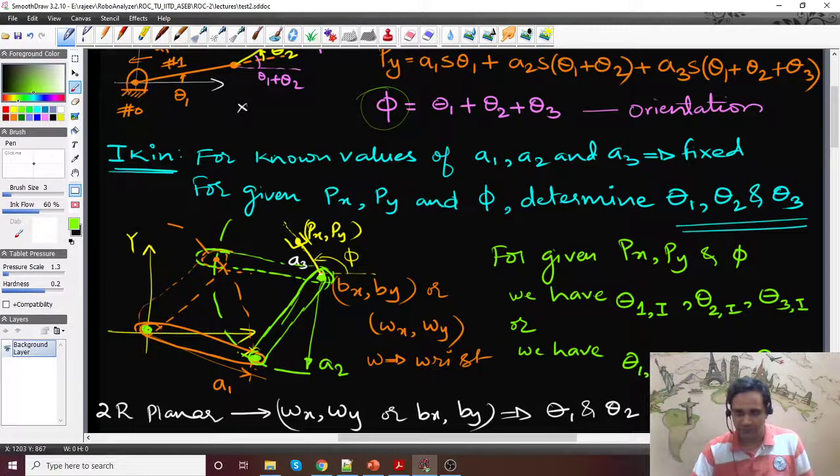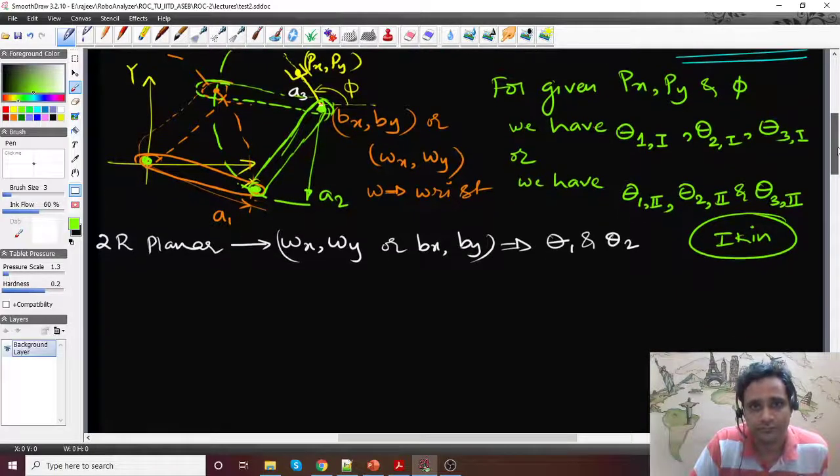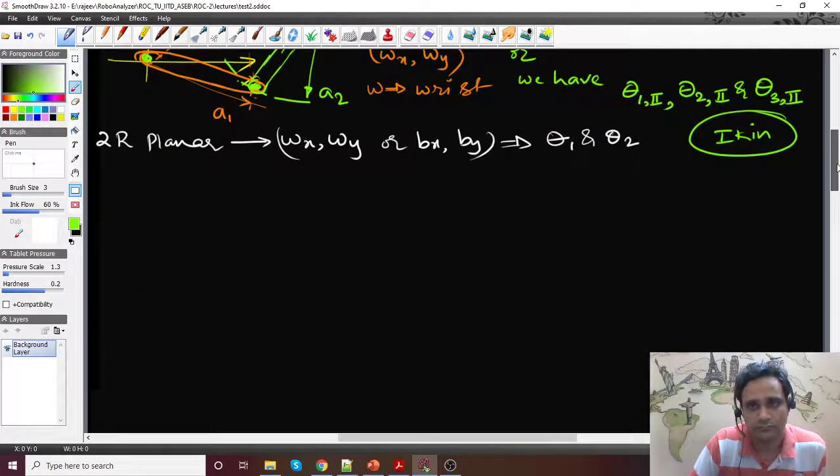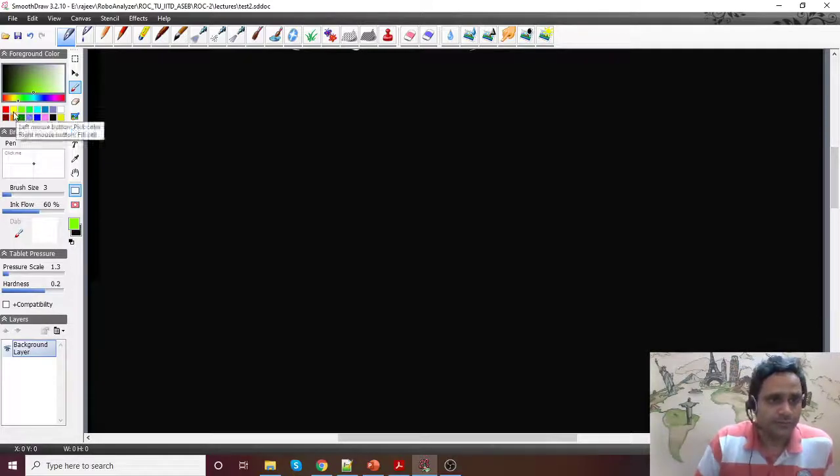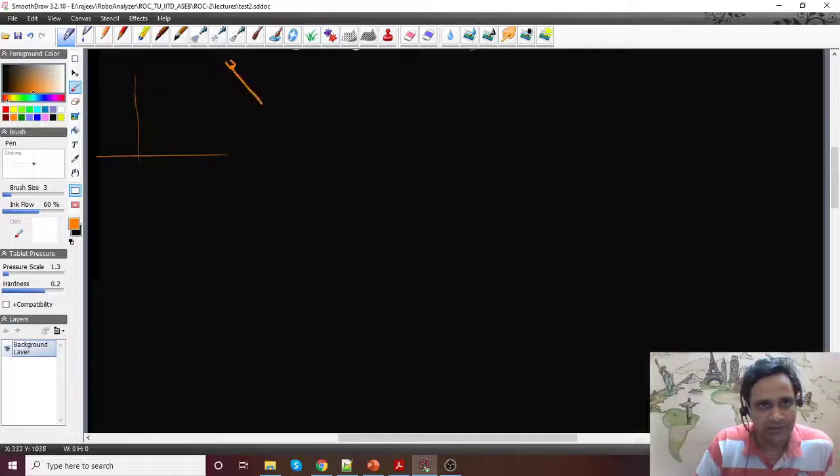So very briefly we'll look at the formulation on how to get these angles. Geometrically I have explained, analytically we'll see now. So how do we go about? Again, we have a point that we have to reach and the angle with respect to horizontal, px, py. This length is a3 and this point we'll call it as wx, wy.